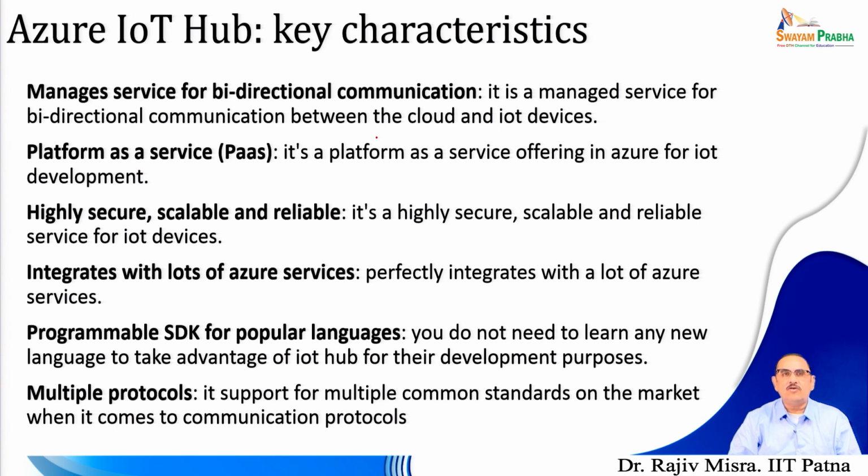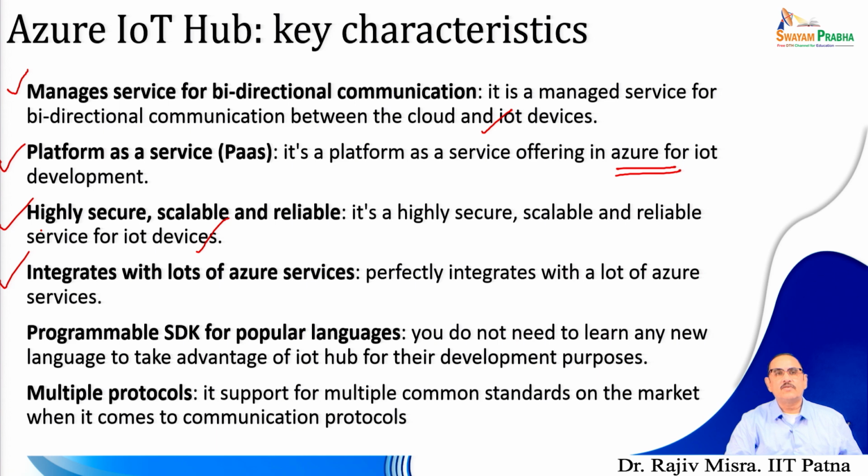So, let us see about the Azure IoT Hub key characteristics. It is a managed service for bidirectional communication between the cloud and IoT devices. It is a platform as a service offering in the Azure cloud for IoT development. Then the third important characteristic is that it is a highly secure, scalable and reliable service for IoT devices.